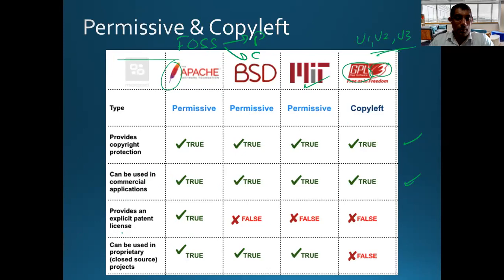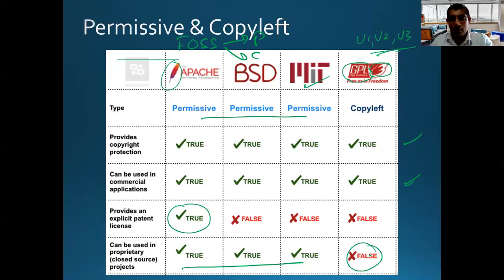Provides an explicit patent license. Yes, permissive Apache has an explicit patent license as well. Others don't have a patent license, but they are copyrighted. And can be used as proprietary, closed source? Yes, any permissive type, because you can, but you will never be able to do that in copyleft, because you can't close any source, because it has to keep on giving.